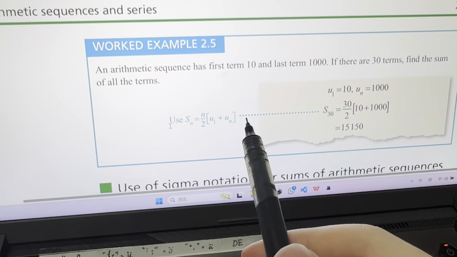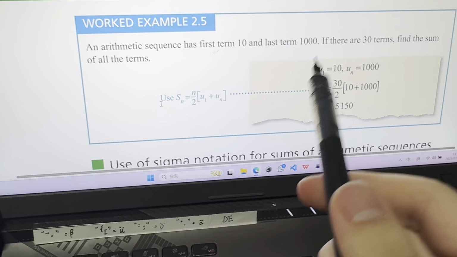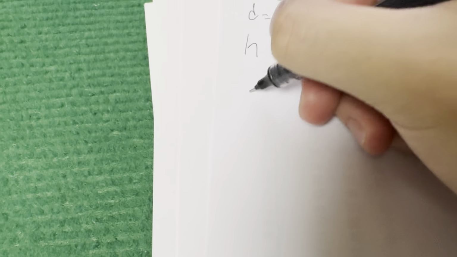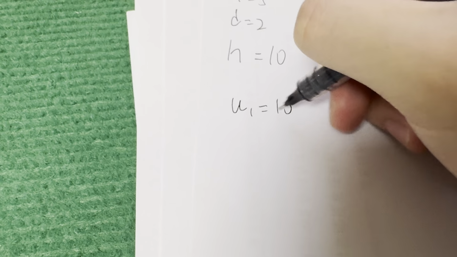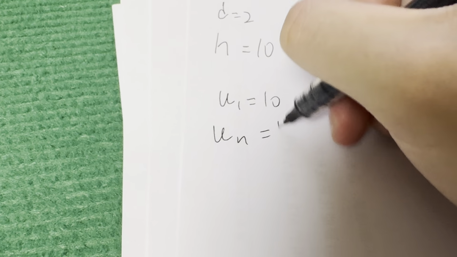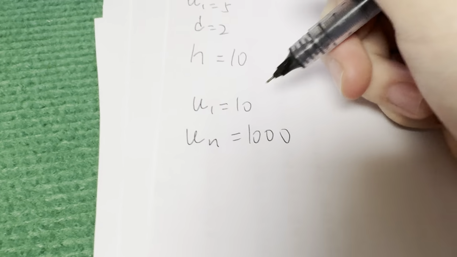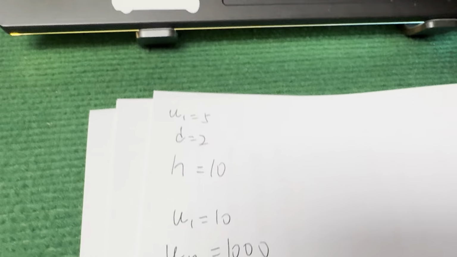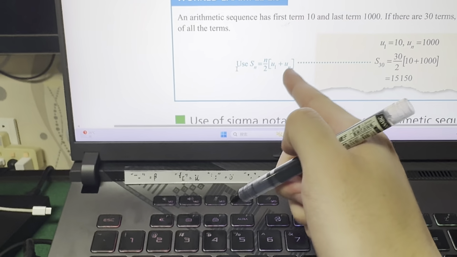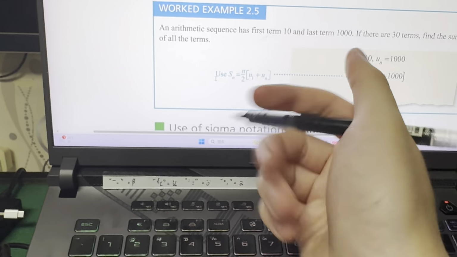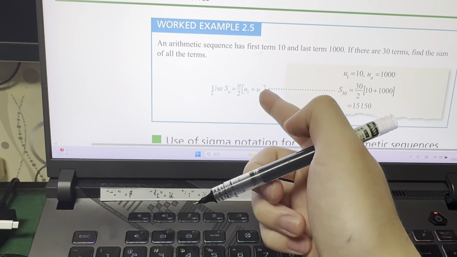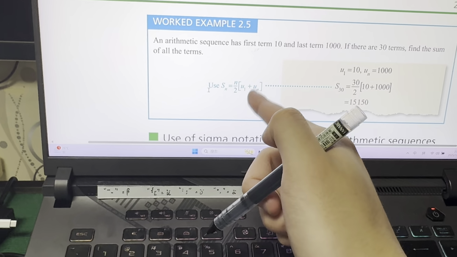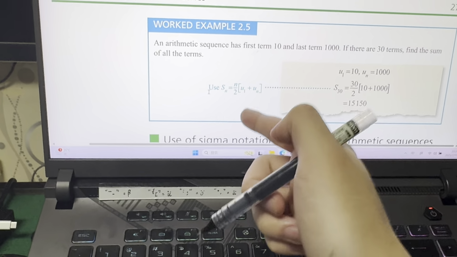For the second question, we can use the same method. First term is 10 and last term is 1000, which means u1 is equal to 10 and un is equal to 1000. They didn't tell us what n is, but here, un actually means the last term.